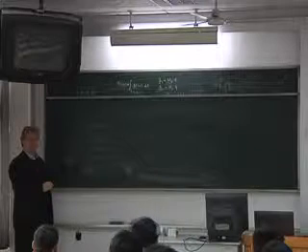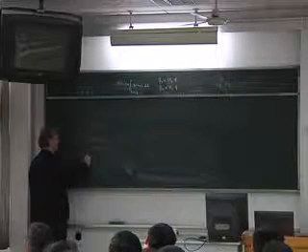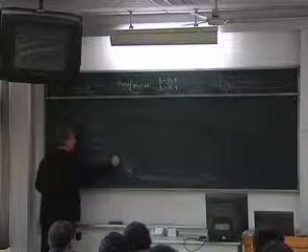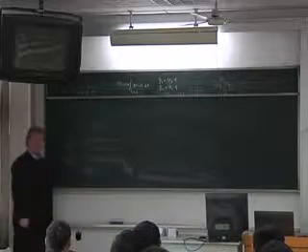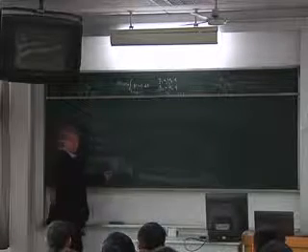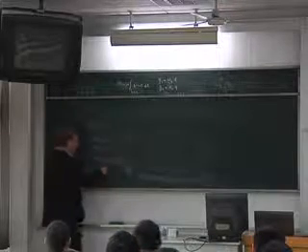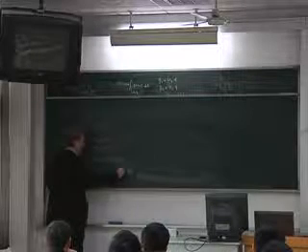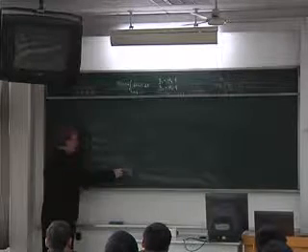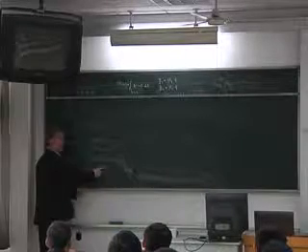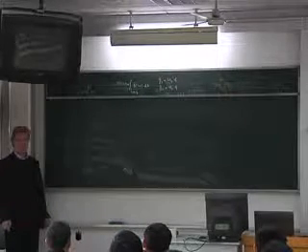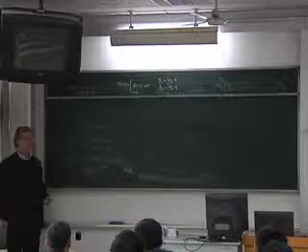And what else? Distance of x and y is equal to distance of y and x. And you have also the triangle relation: for A, B, and C, the distance between A and B is always less than the sum of the distance between A and C and between C and B. Okay, these are the properties of any distance function.